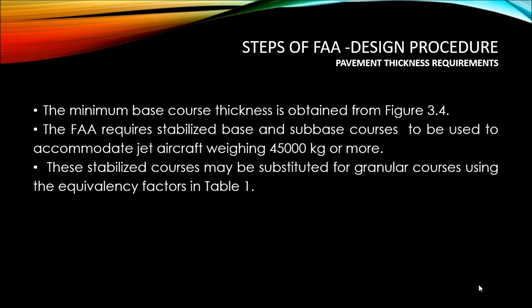The FAA requires stabilized base and sub-base courses to be used to accommodate jet aircraft weighing 45,000 kg or more. These stabilized courses may be substituted for granular courses using the equivalency factor in table 1.